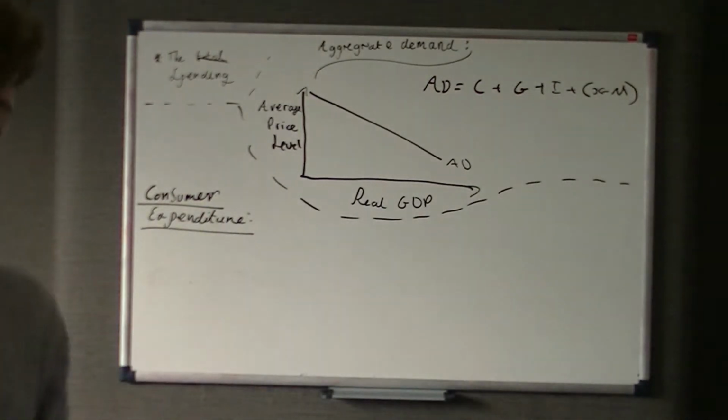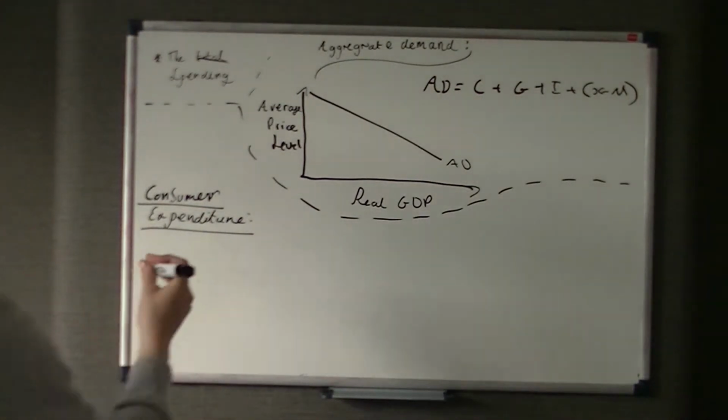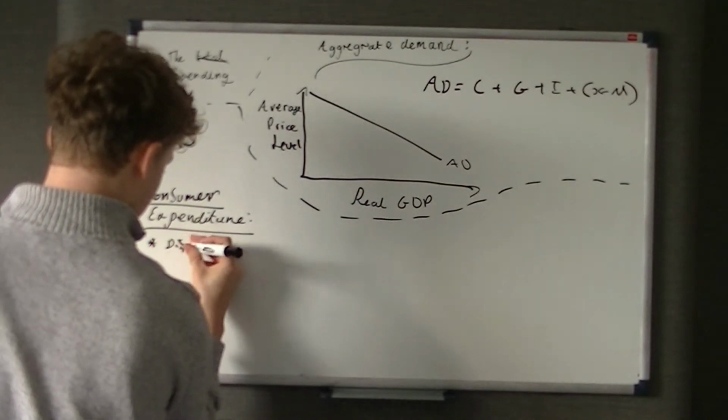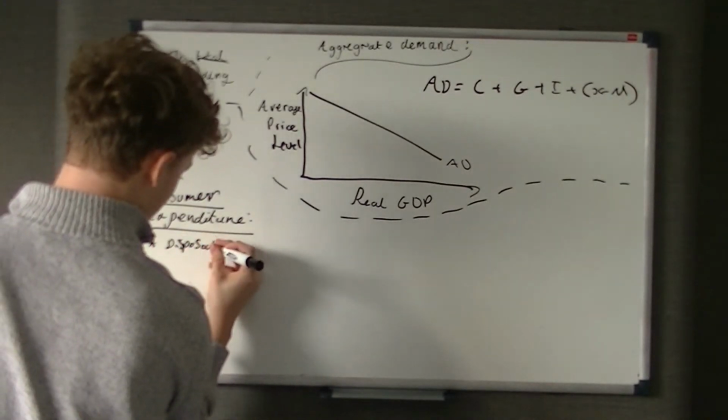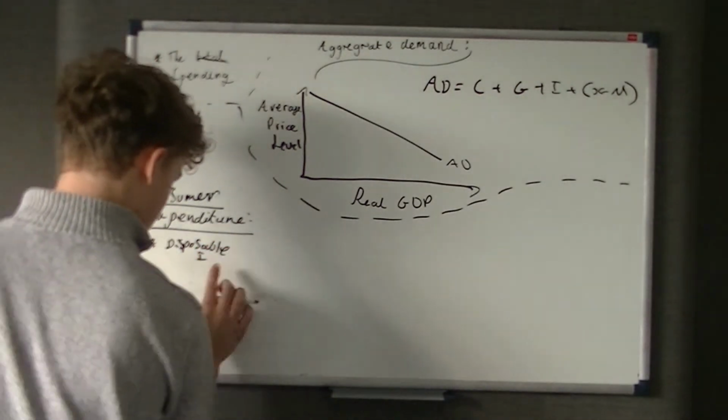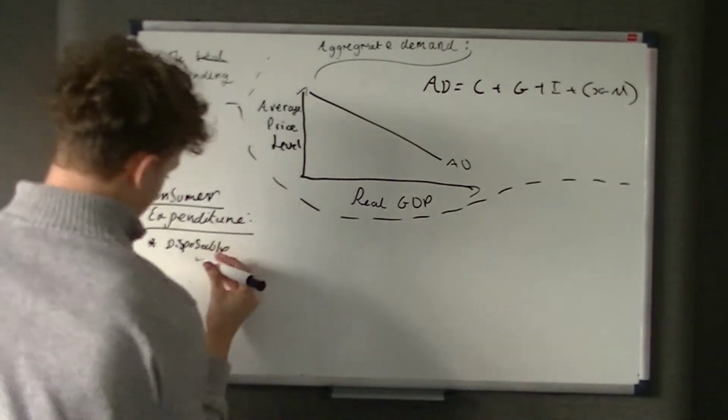What does consumer expenditure affect? Well, we've got disposable income. Disposable income is the income after taxes have been taken away. Let's put disposable Y.